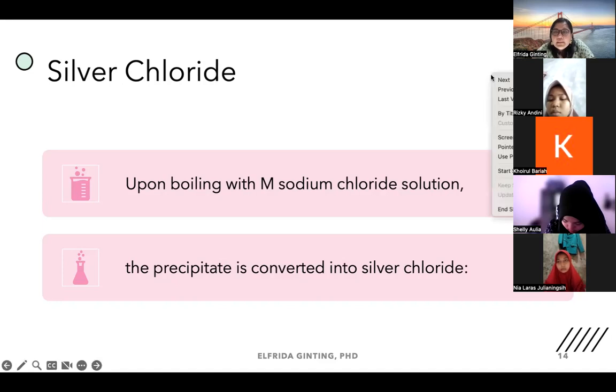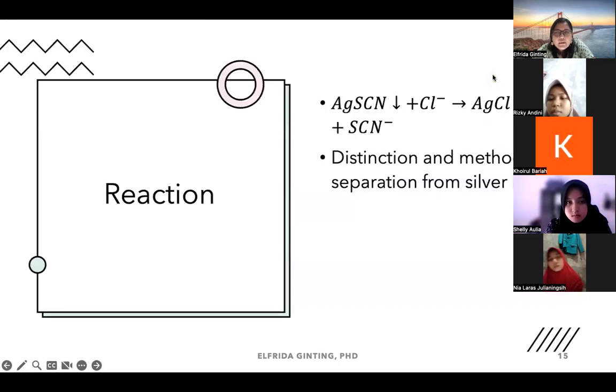Okay, now let's see the reaction of silver thiocyanate with sodium chloride. You can see here this is silver thiocyanate in precipitate form. We added sodium chloride, and you can see the thiocyanate is replaced with a chloride ion.